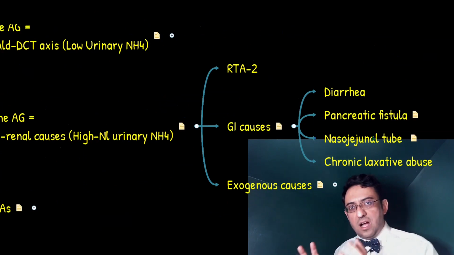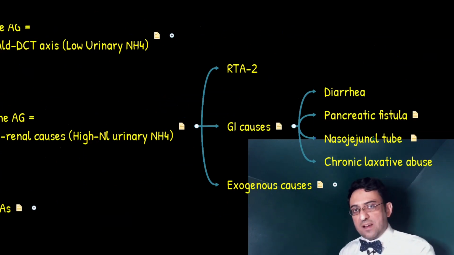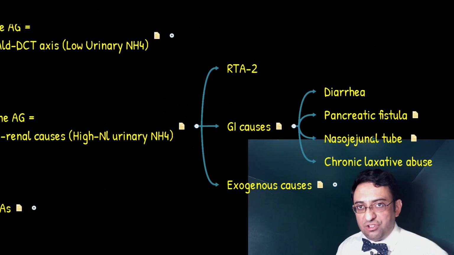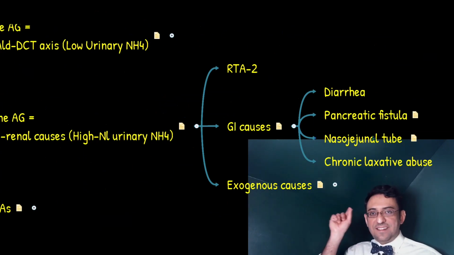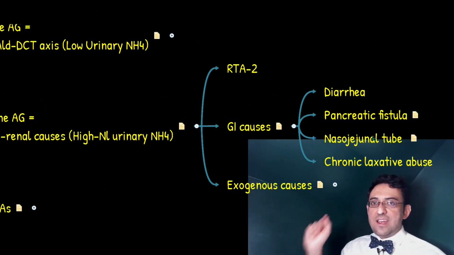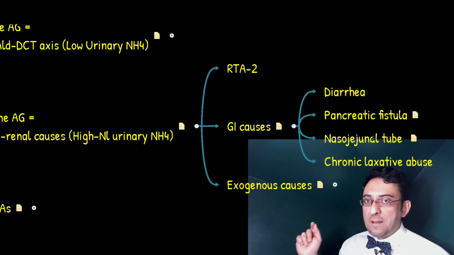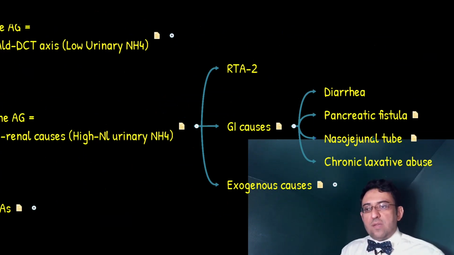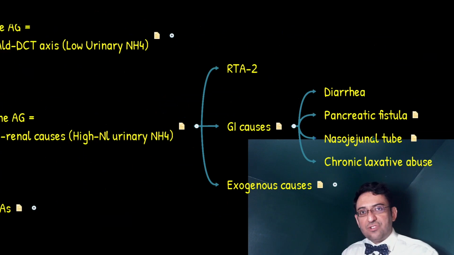But also because it's not working, the secretion of chloride is also impaired, so we will have chloride retention, also known as hyperchloremia. And this little anion exchanger of the distal nephron is why non-anion-gap metabolic acidosis is also referred to as hyperchloremic metabolic acidosis. Why do we not have hyperchloremia in high-anion-gap metabolic acidosis? Because in high-anion-gap metabolic acidosis, the anion exchanger works.